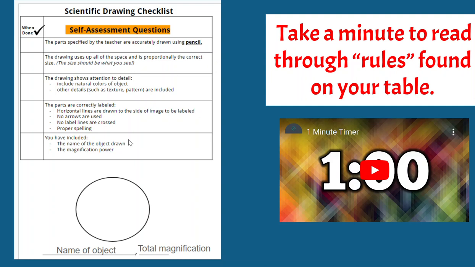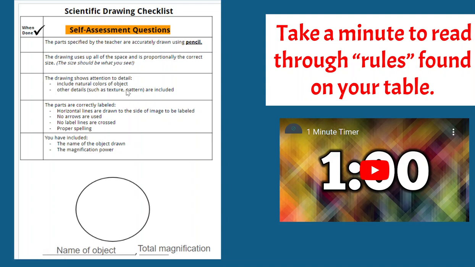The drawing is going to use up the appropriate amount of space. So if your view needs to show the entire view, you might fill up this entire circle. Most of the time, though, I'm going to show you an example. If I have cells all over my slide, usually we'll choose 8 to 10 cells to draw, and we'll just label one of them. It doesn't make sense to draw 87 different cells when they're pretty much all the same.